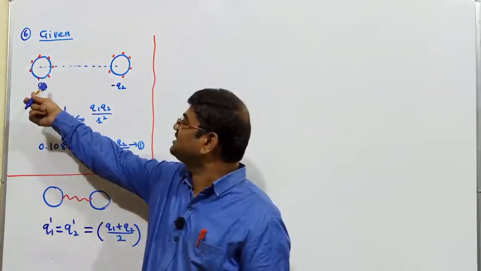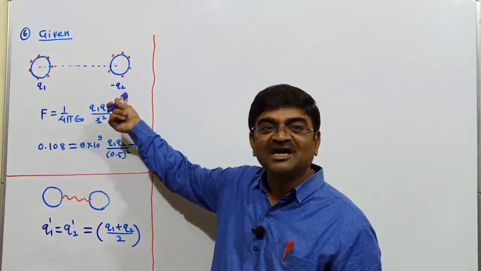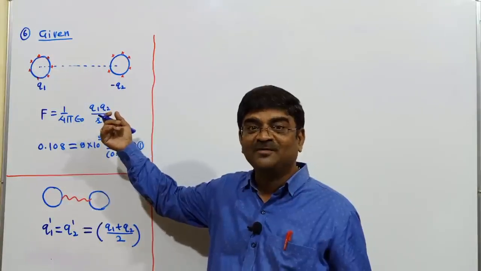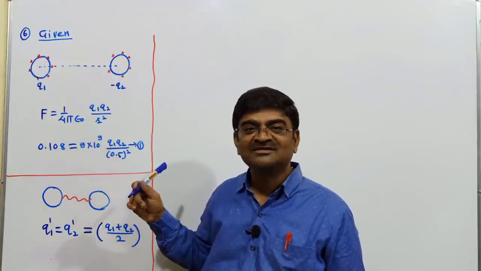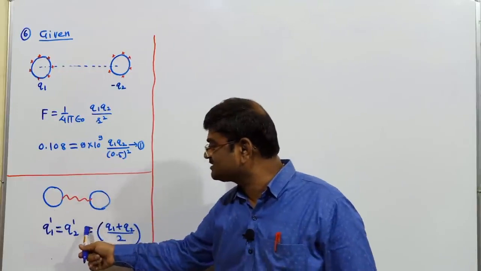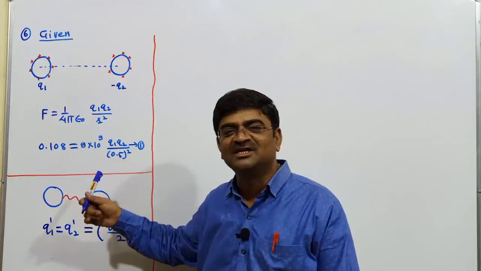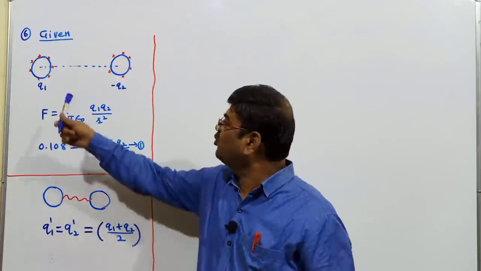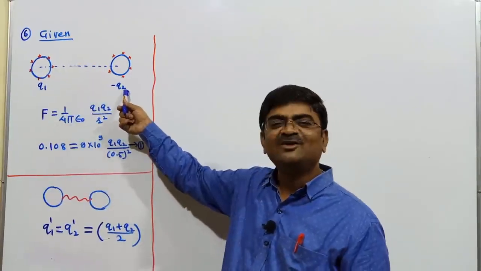So Q1 is 10 coulomb, Q2 is minus 20 coulomb. What is the net charge? You will have to follow that additive property. Plus 10 minus 20, minus 10 is the net charge. So then Q1 dash, Q2 dash, I will have how much? Minus 10 by 2, minus 5 coulomb, minus 5 coulomb. Say Q1 is 20 coulomb and Q2 is minus 8 coulomb.